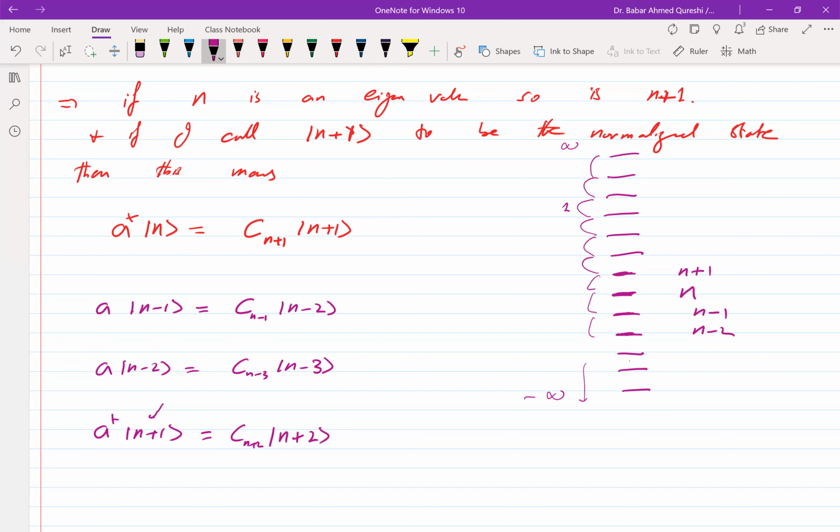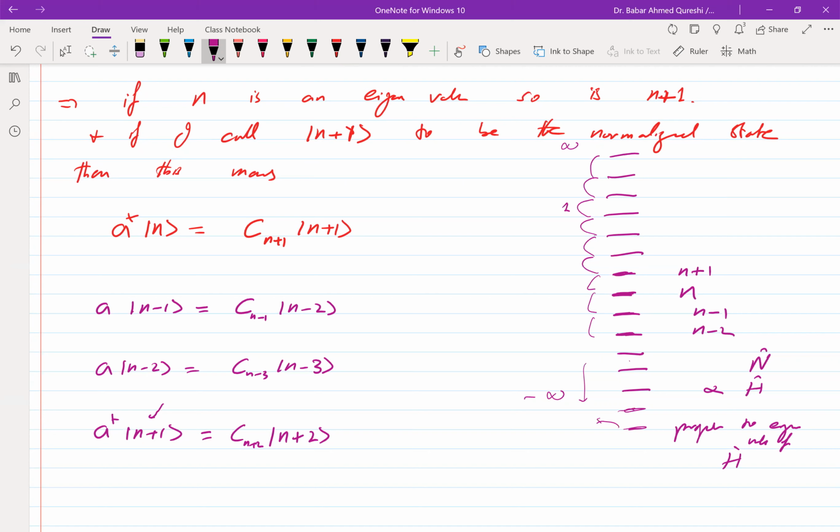However, my claim is that it cannot keep going downwards, because that would be a contradiction to another theorem. Remember that these eigenvalues of the number operator are proportional to the eigenvalues of the Hamiltonian, because all these states are also giving me eigenvalues of the Hamiltonian.